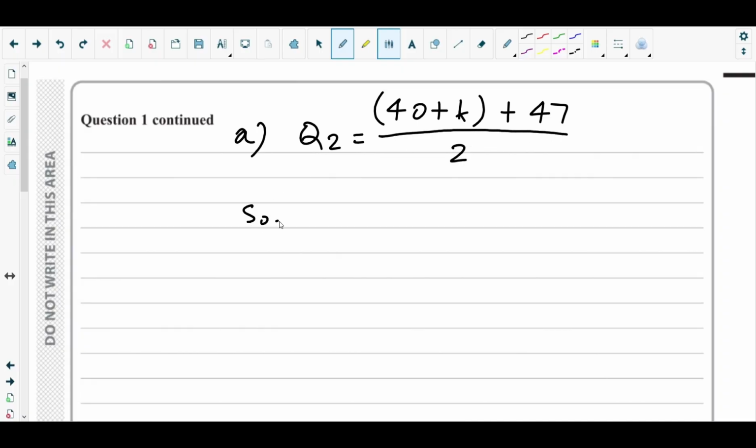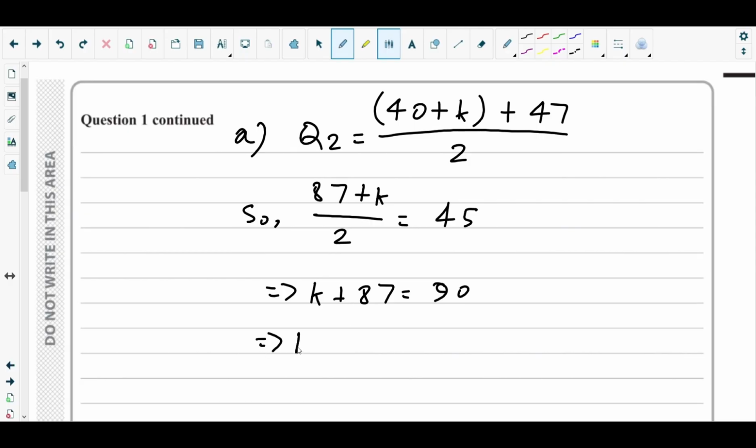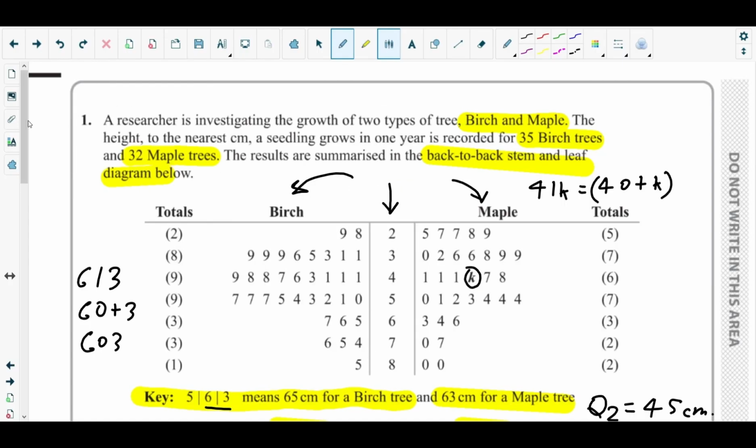So 40 plus k plus 47, that is 87 plus k, over 2, equals the median, which is 45. So k plus 87 equals 90, and k is 90 minus 87, which is 3. So we got the value of k. Part A is done.